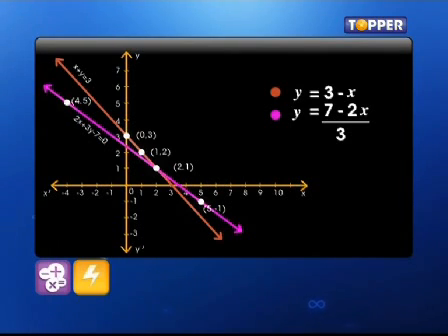What is that point? That point is, let's say A, and the coordinates of that point are (2, 1). So this pair of lines is called consistent. Why consistent? Because they intersect at exactly one point.